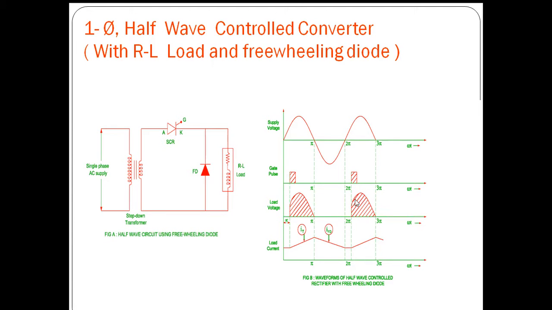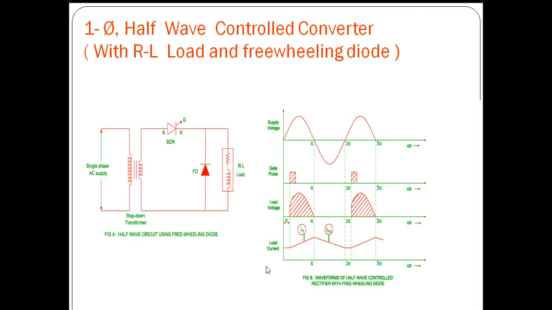So this is like the same half wave controlled converter with R load. The output voltage waveform will be similar to the single phase half wave controlled converter with R load, but the current waveform changes due to the presence of the inductor. The output voltage waveform will be improved by providing the freewheeling diode.